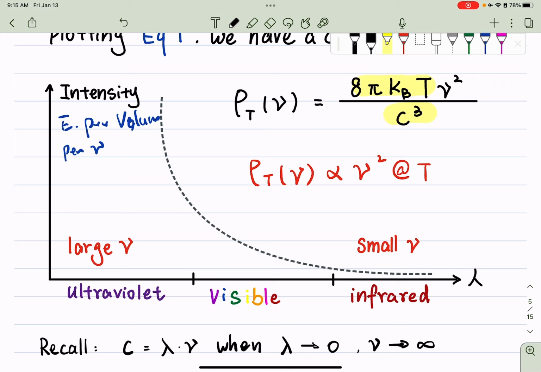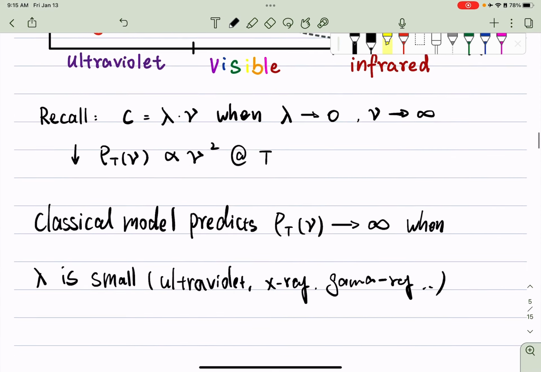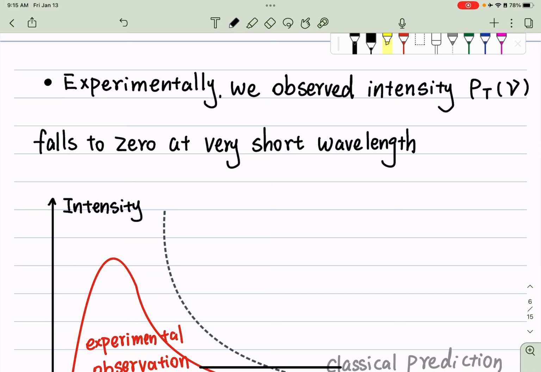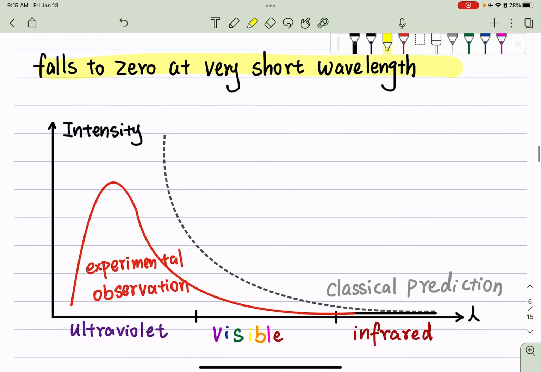And moreover, on top of common sense, the experimental observation also fits our common sense, but doesn't fit the classical model. So this is what the experimental observation is. I'm going to show you the cartoon version and the actual figure right after. What we observe experimentally is that the intensity, rho of nu, which is a function of frequency, actually falls to 0 at very short wavelengths.